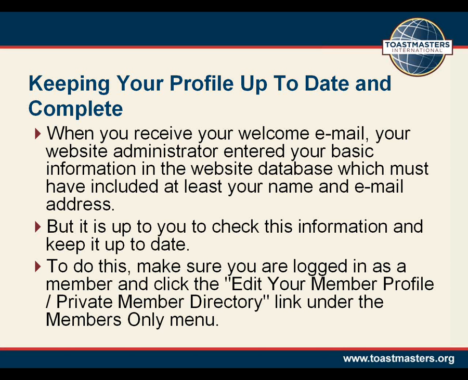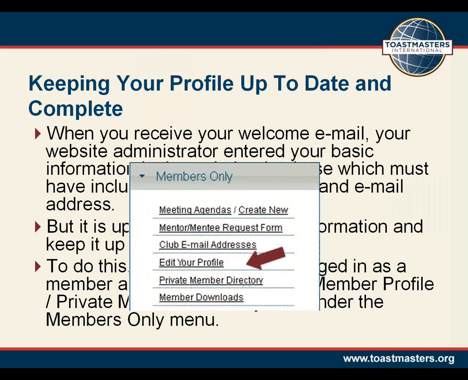The other thing that you need to look at here is keeping your profile up to date and complete. When you've got your welcome email, there's already some basic information that's been entered, such as your phone number and so forth, and probably the email address. But it's really up to you to go in there and keep your own profile up to date. And you do this by clicking Edit Your Member Profile, private member directory link under the Members Only menu.